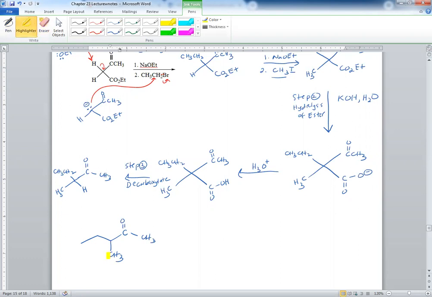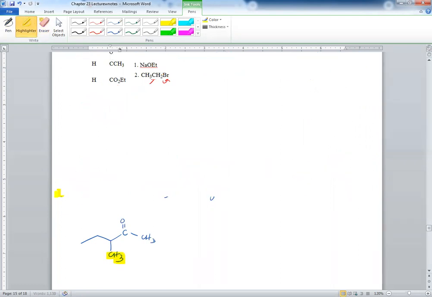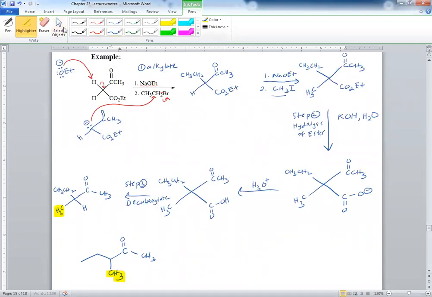Here is the CH3. I'm going to highlight this in a different color to show the ethyl. Here's the ethyl. And of course, the H we don't show.